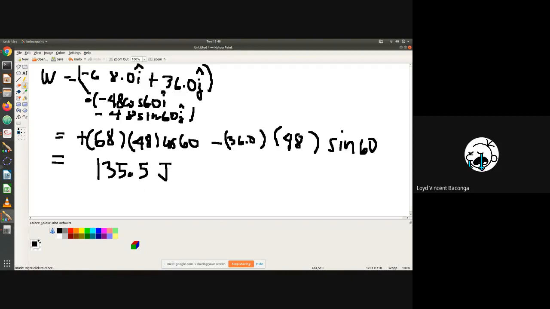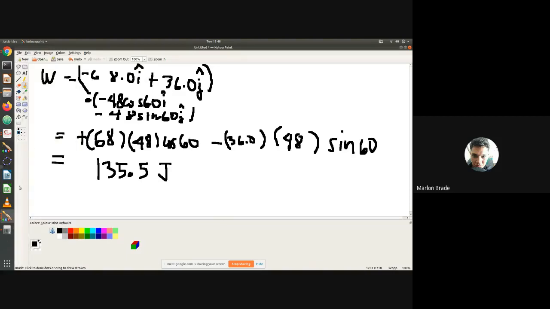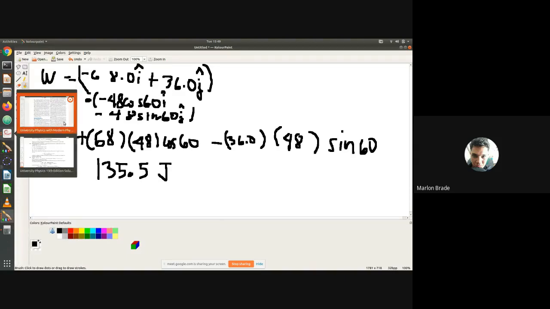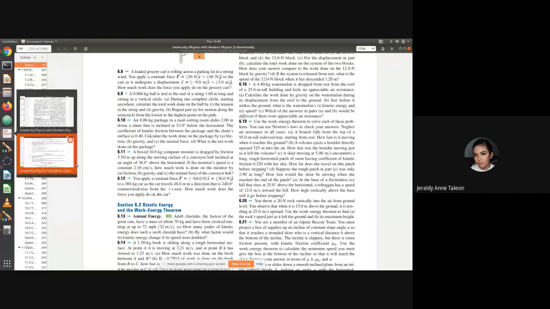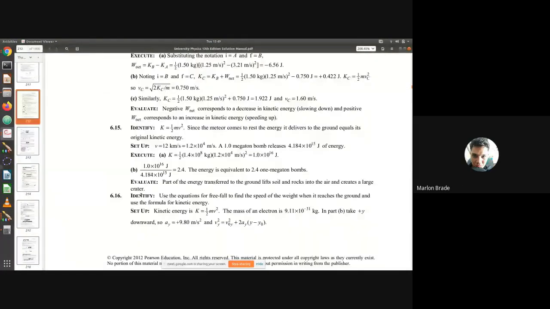So the work done is 135.5 joules. Which number is this? 6.12, sir. So that is 135 joules.